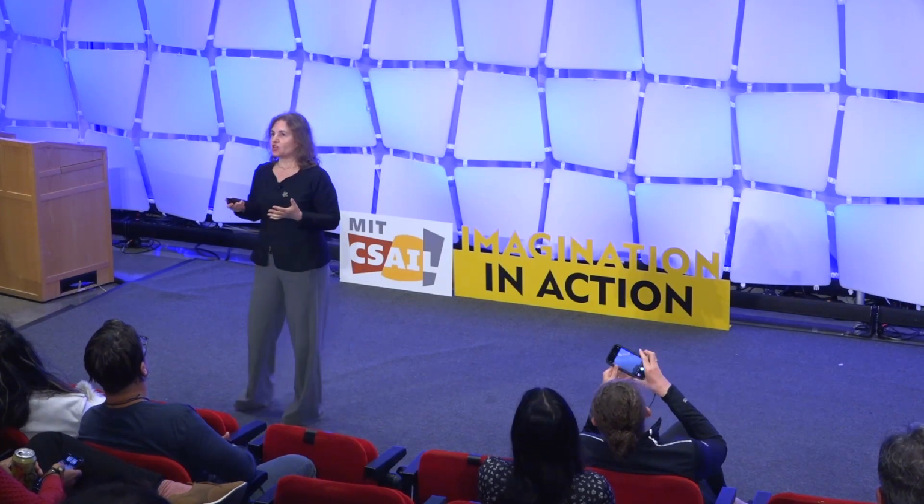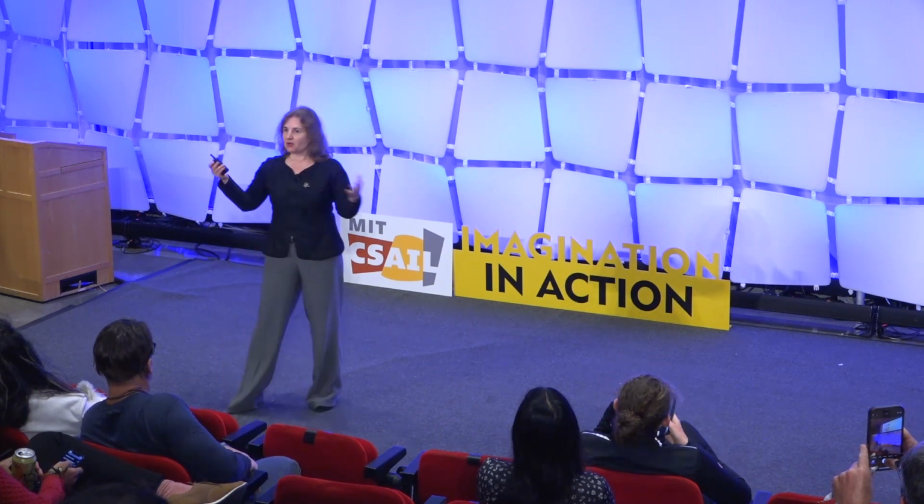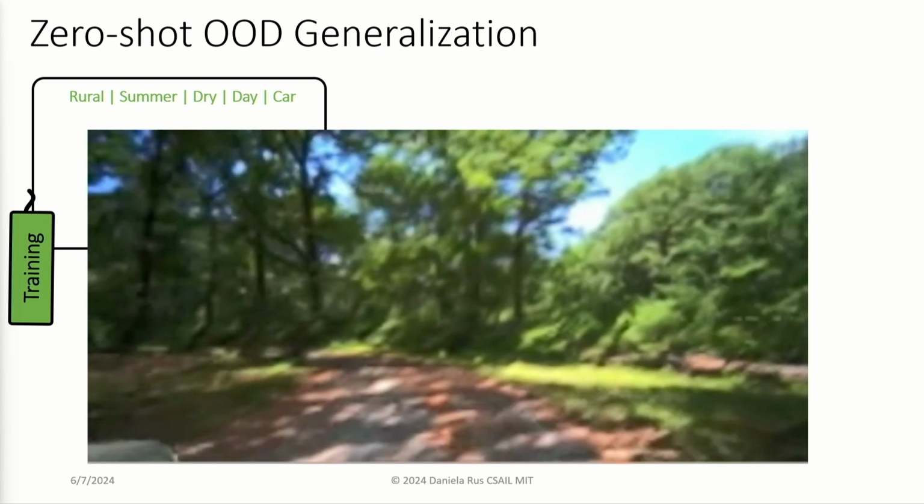And then with language, I can say, now also avoid trees and cars and people and just about anything I can express in language. And so the training and the learning of the vehicle becomes much faster and much more abstract, much more logical. So here's this idea working in practice.